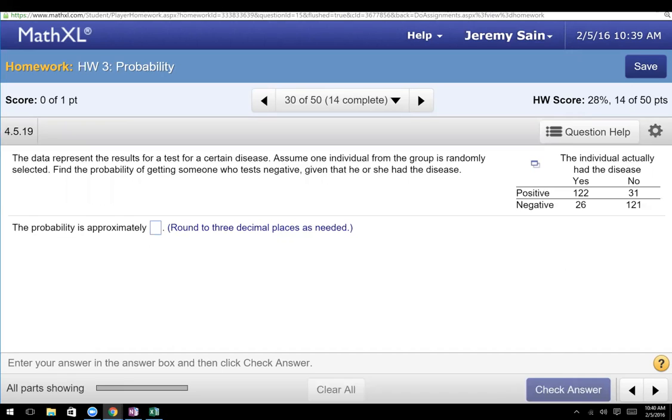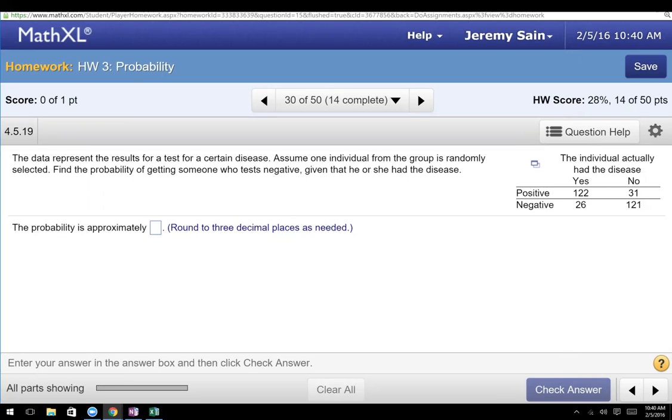Okay. Assume one individual from the group is randomly selected. Find the probability of giving someone who tests negative, given that he or she had the disease. So they're asking for conditional probability. So they want to know what's the probability that you test negative, given that you have the disease. Okay. So the individual actually had the disease.